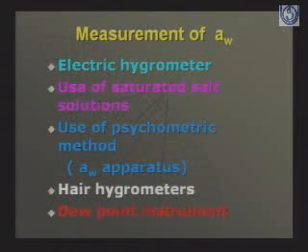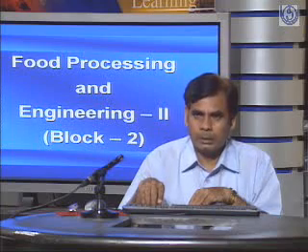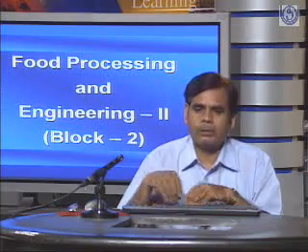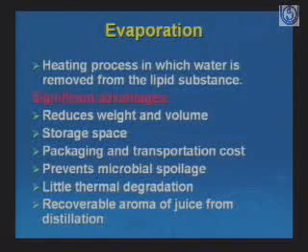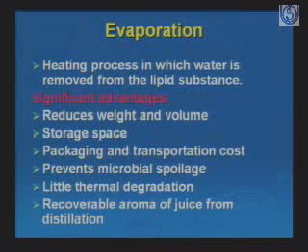Out of the 5, only the electric hygrometer, the saturated salt solutions and the dew point instruments are the common ones generally used to measure water activity commercially, and the others also exist, but are not as commonly used.